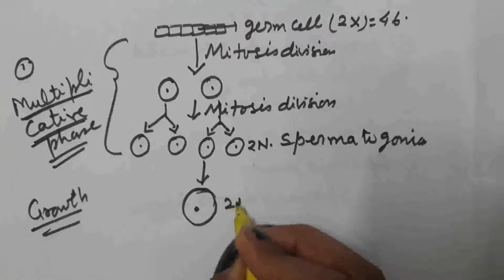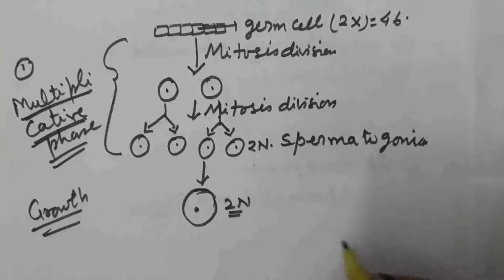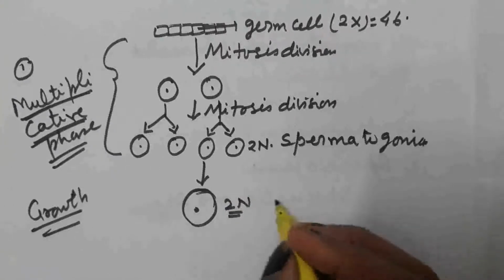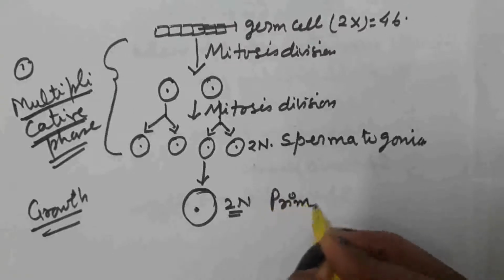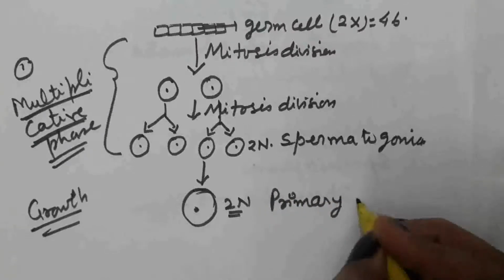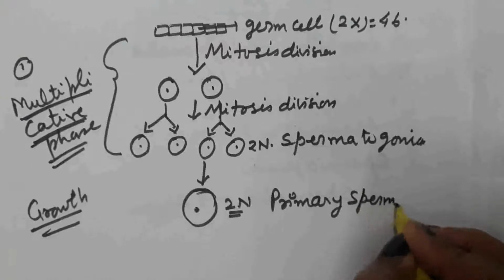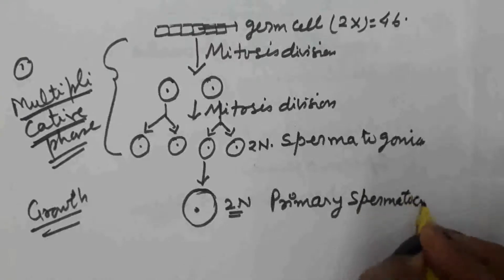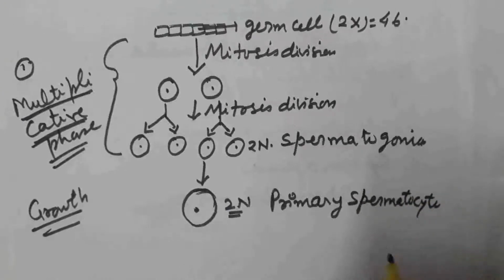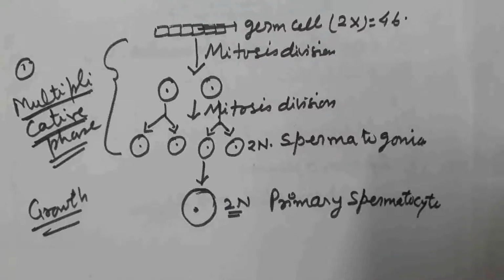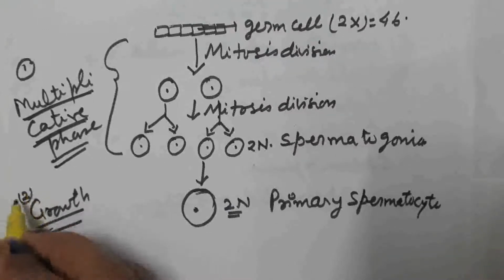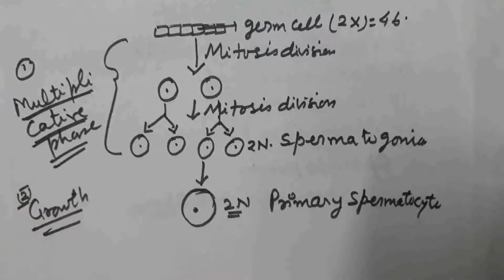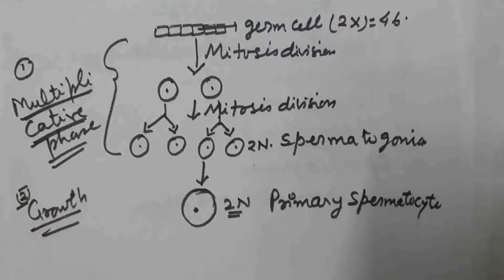The chromosome number remains the same, that is the diploid chromosome number, and now we call it primary spermatocyte. This is the second phase in which growth takes place and spermatogonia enlarge in size. Now we call them primary spermatocytes. The chromosome number remains 2n, that is diploid.